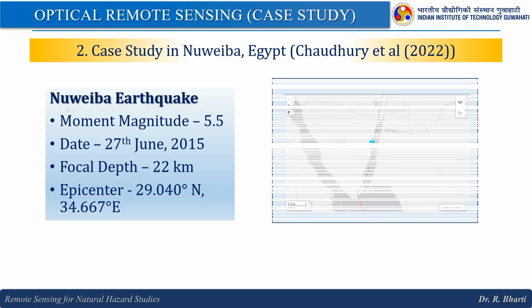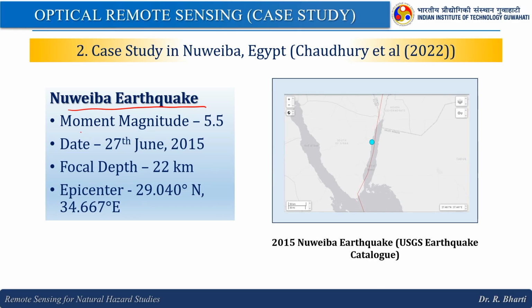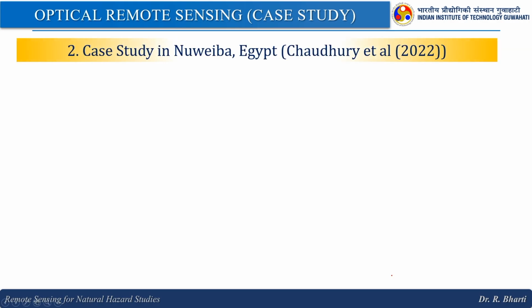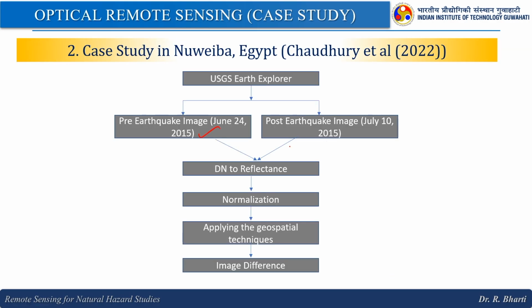So, here for the earthquake we had a moment magnitude of 5.5, the date was 27th June 2015, and the focal depth was 22 kilometers, and here you can see this is the location, right. So, here again the pre and post earthquake images were accessed through USGS Earth Explorer, and then the DN was converted to reflectance.